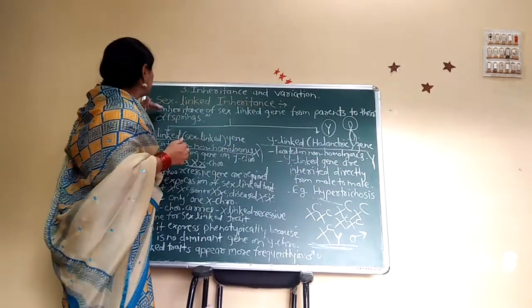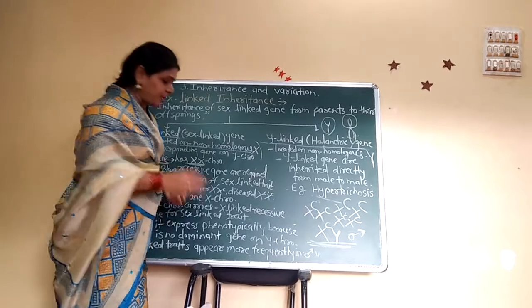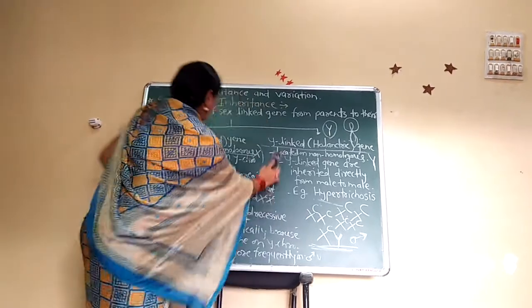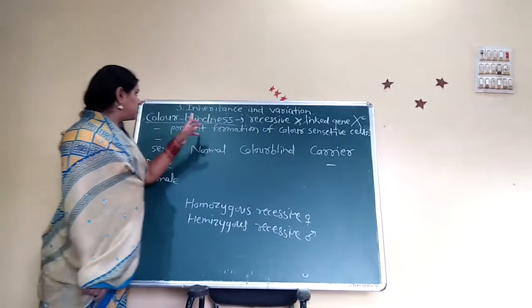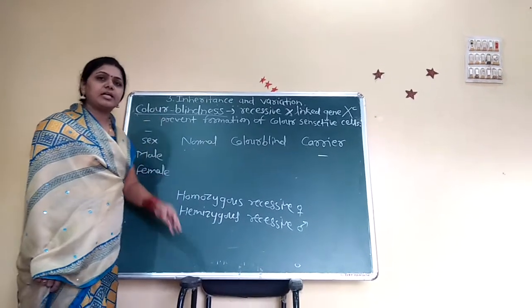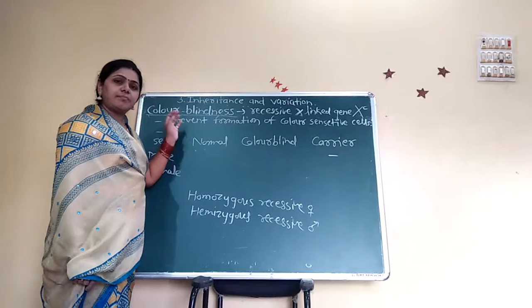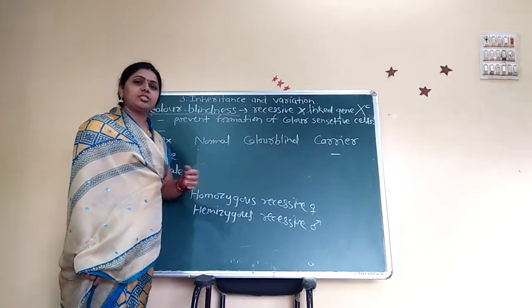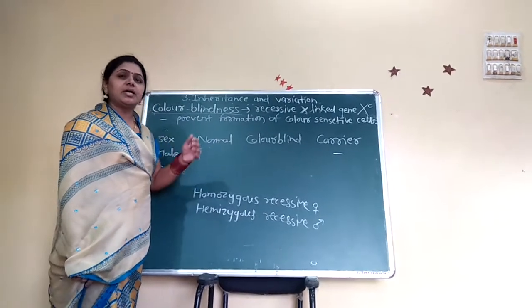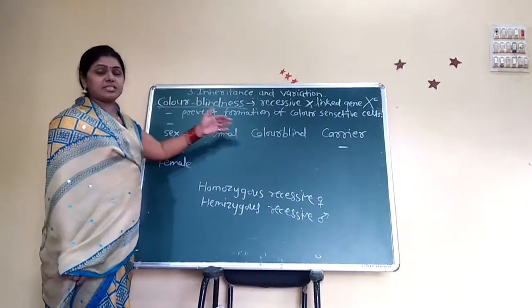This is sex-linked inheritance. Then we see an example of sex-linked inheritance: color blindness. Color blindness is an example of an X-linked recessive disorder.